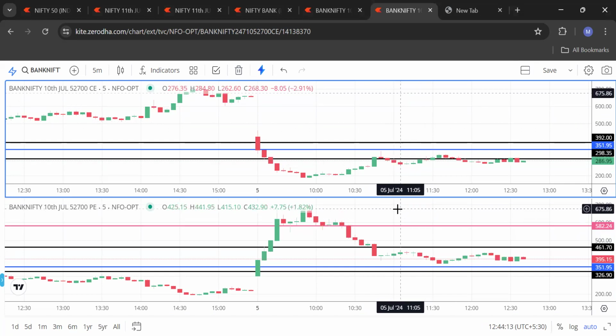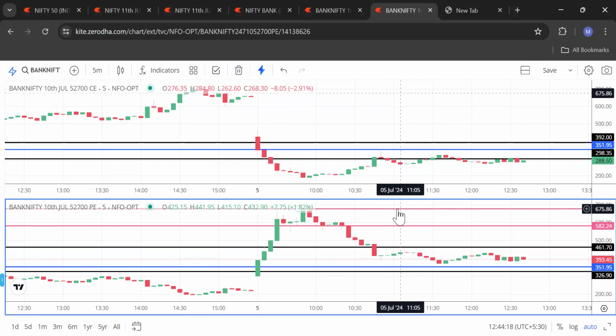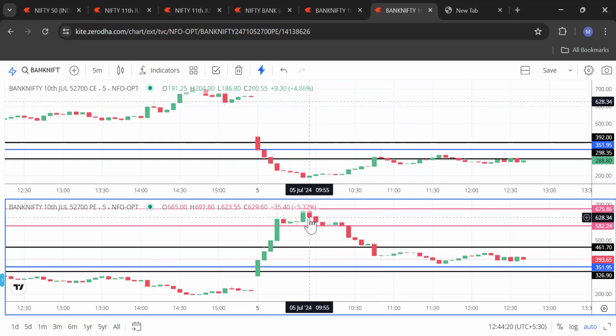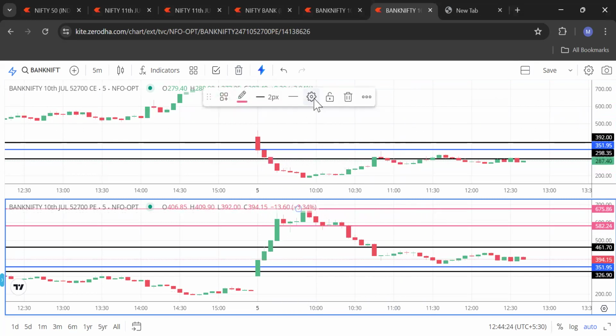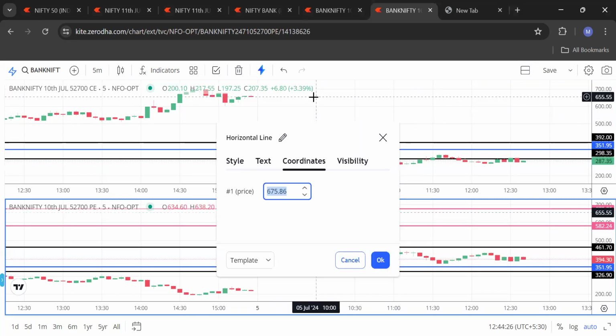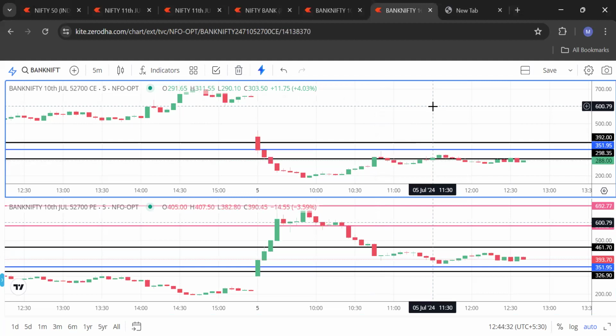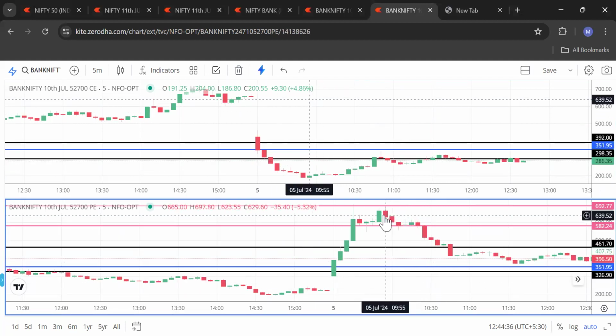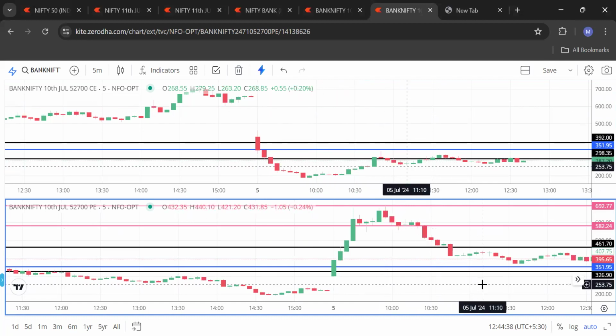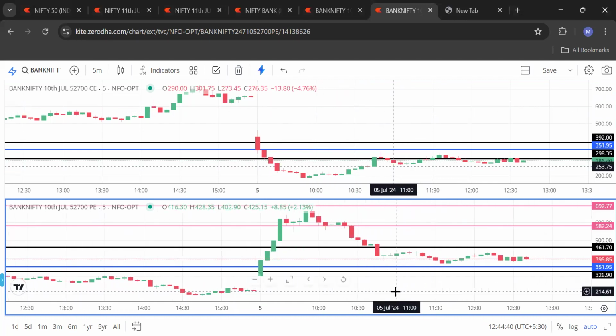That was also hit. See the precision. You just see this, 692.77, say 697.8. So a 50% target, simple.